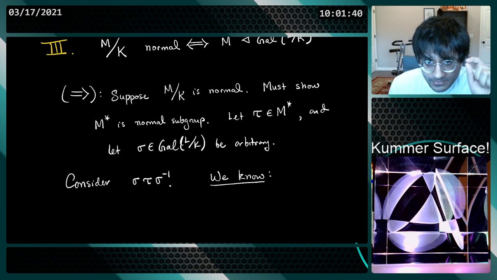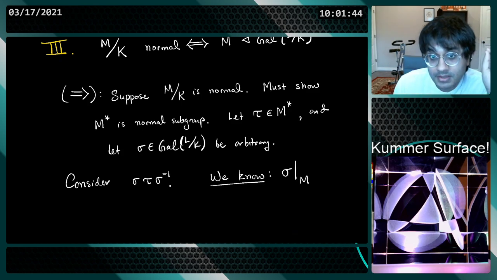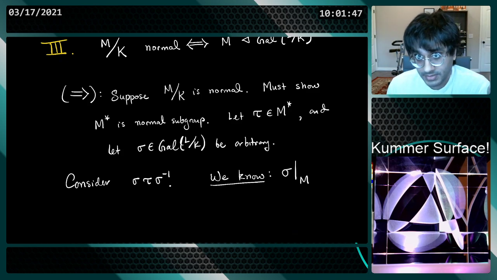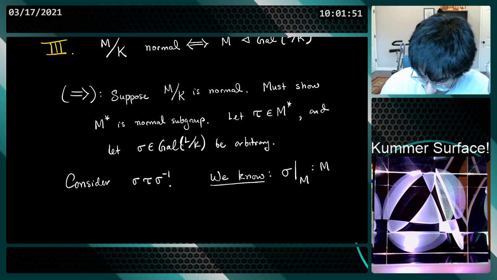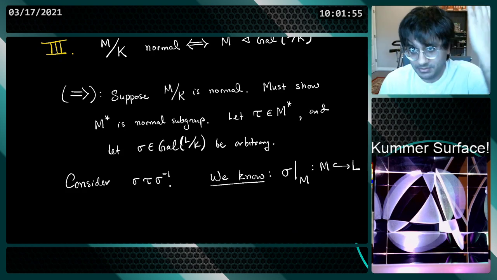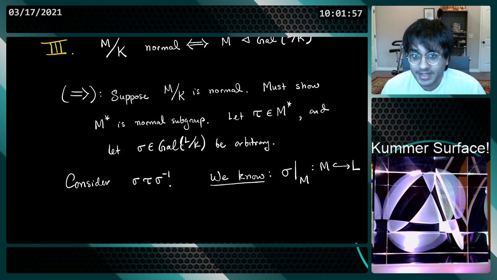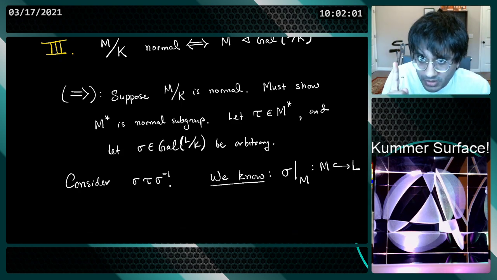the following, that sigma, when restricted to M, is a K homomorphism from M into C or L. Doesn't matter. It's some K homomorphism. But M over K is normal.